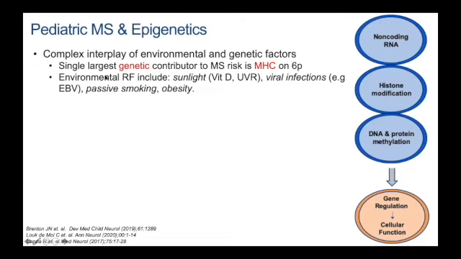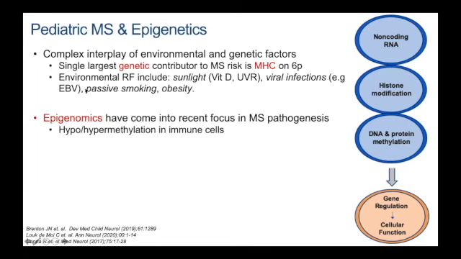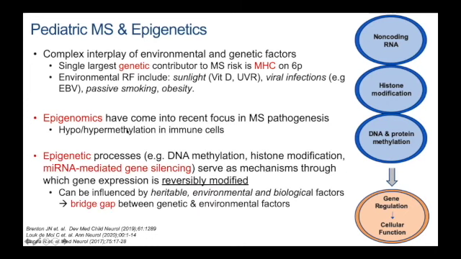Some of the environmental risk factors include low vitamin D, viral infections, including EBV, passive smoking, and obesity. And epigenomics have come into recent focus in MS pathogenesis, primarily looking at methylation status in immune cells.